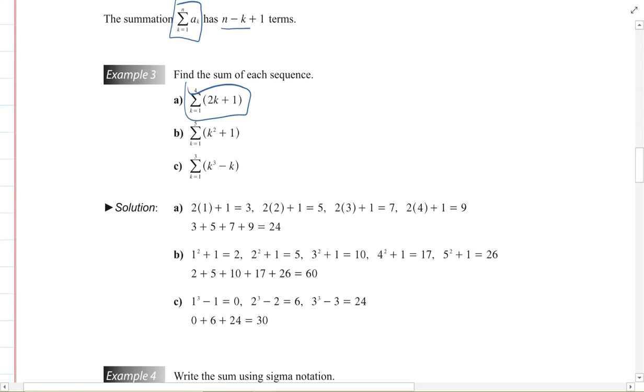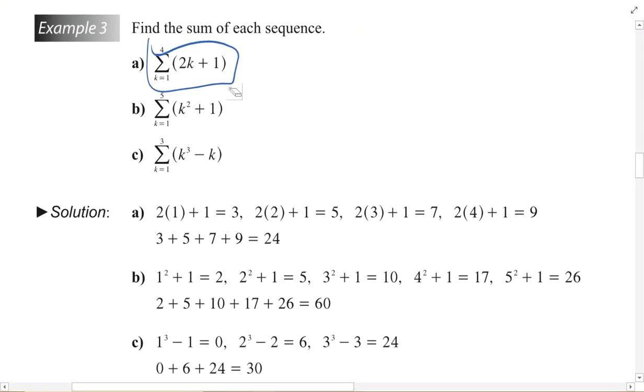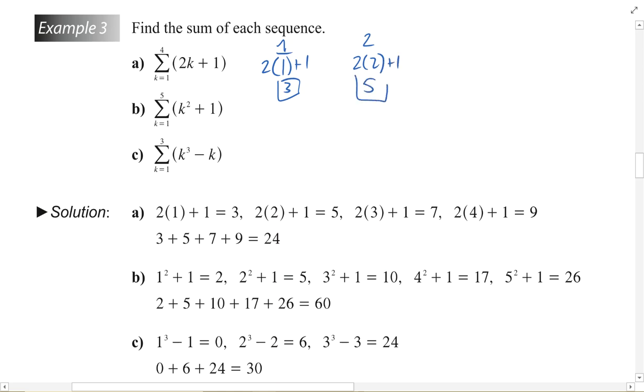So this example, now we have k equals 1. So term 1 is 2 times 1 plus 1. So 2 times 1 plus 1 would equal 3. So term 1 is 3. Term 2 then is 2 times 2 plus 1. So 4 plus 1, which is 5.